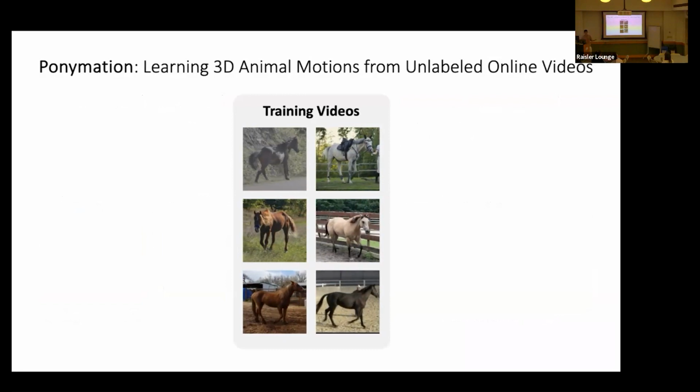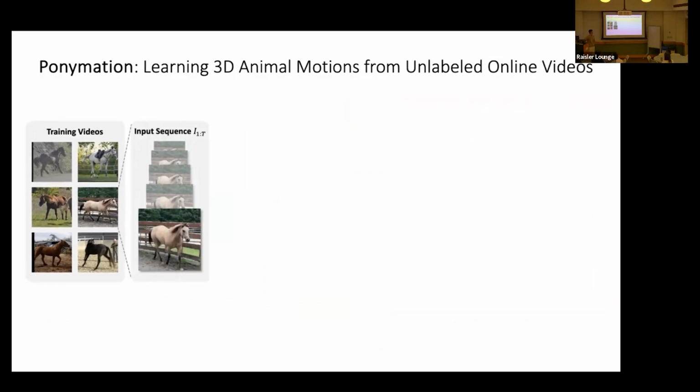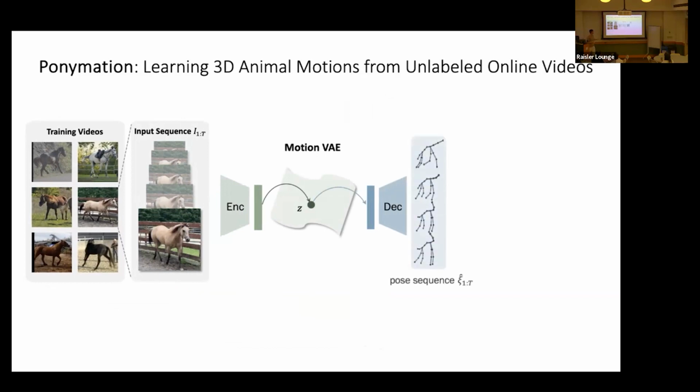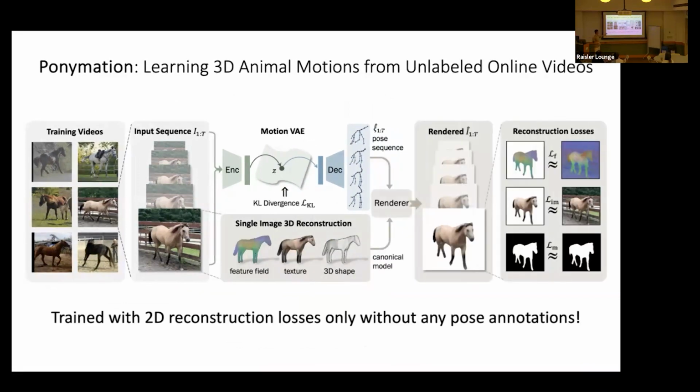where instead of training on images, we train on videos. What you would do is take a video clip, and instead of reconstructing individual images, we encode this entire sequence of frames into a latent code, which decodes a sequence of articulated poses. And similar to what we did previously, we also have this single image 3D reconstruction module.